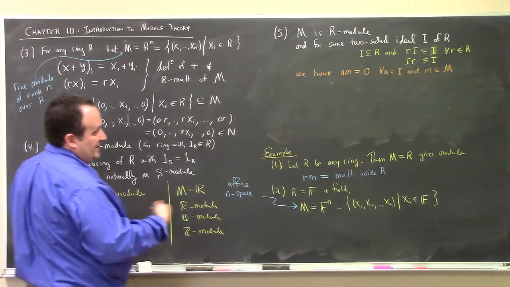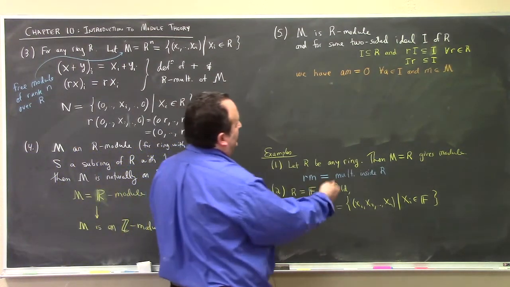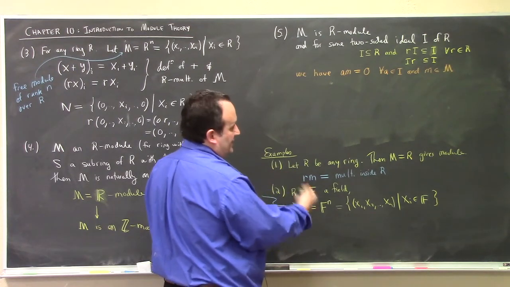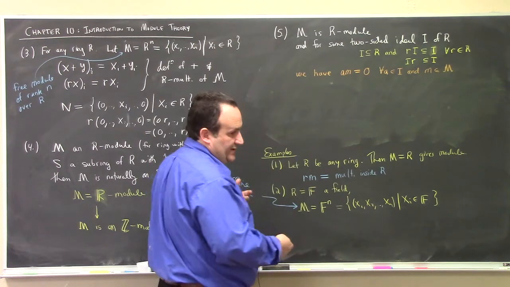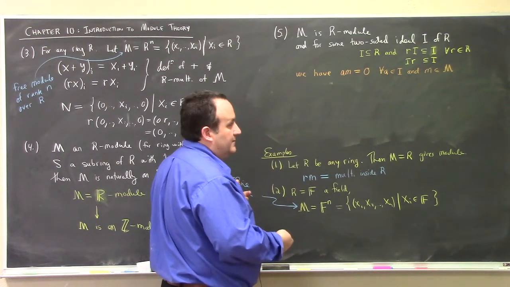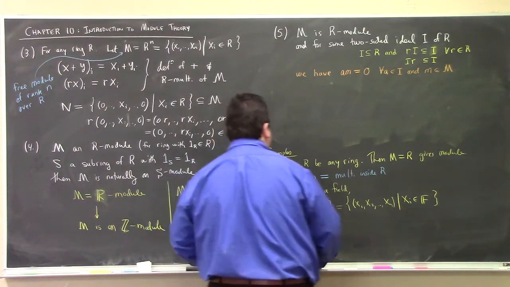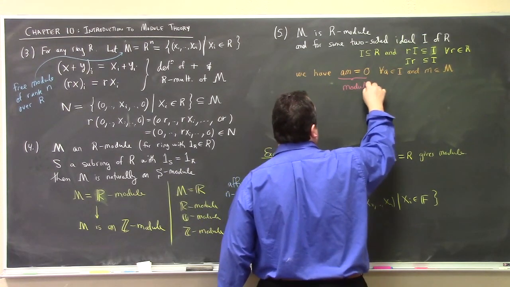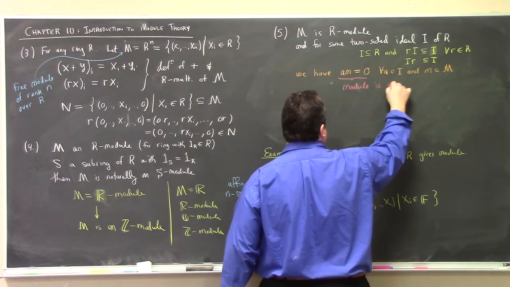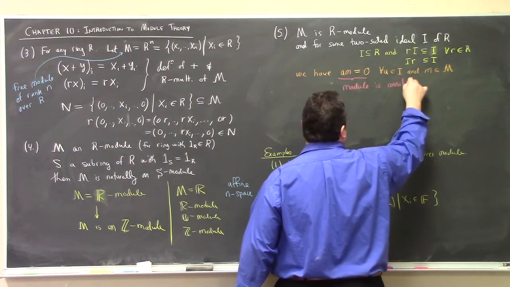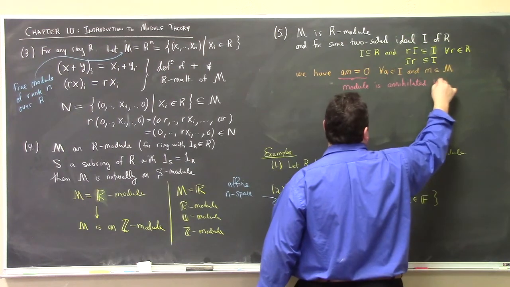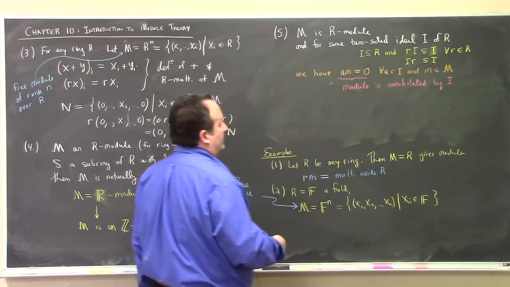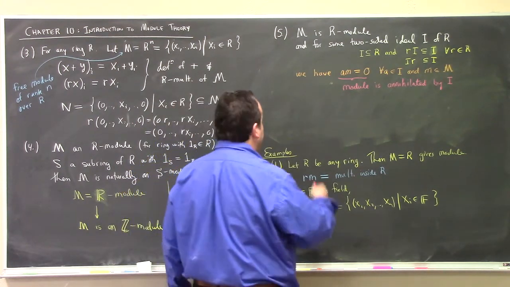Now the next step is to say, if the module action behaves well with respect to a two-sided ideal, if it annihilates this two-sided ideal, this condition is that the module is annihilated by I, right? Then you can set up M as an R mod I module.